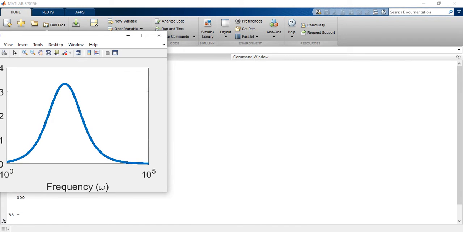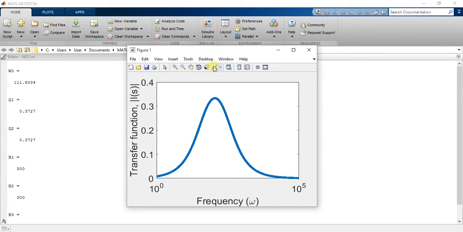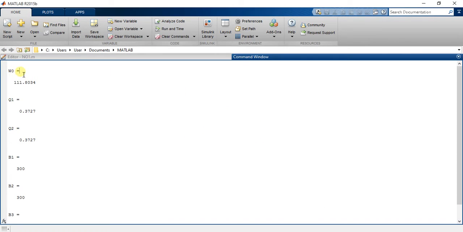From this graph we can read omega naught as 107.7, which is approximately the calculated omega naught of 111.8034.